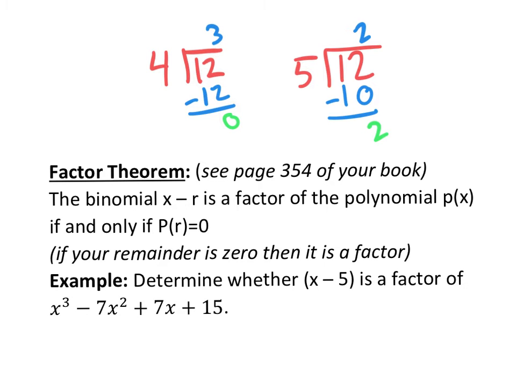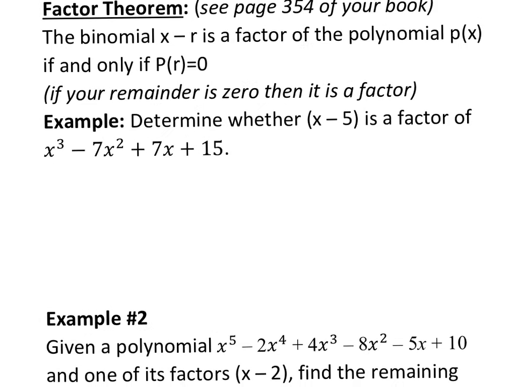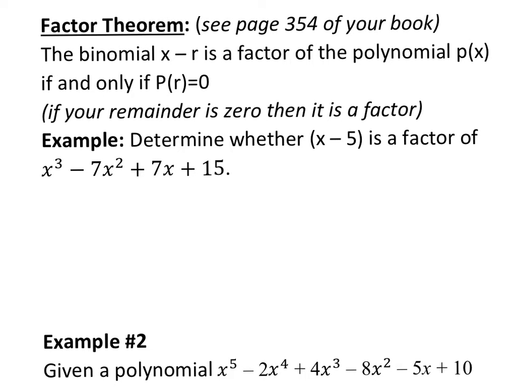So down here, our first question with regards to the factor theorem. Determine whether this binomial is a factor of this cubic polynomial. Okay, what do we know? If x minus 5 really is a factor of that cubic polynomial, if I were to divide it, my remainder should be what? 0, right?